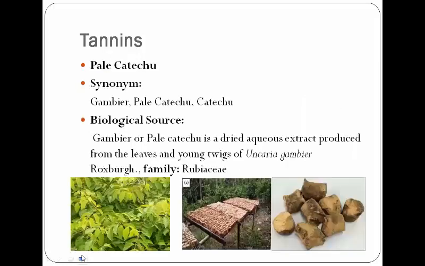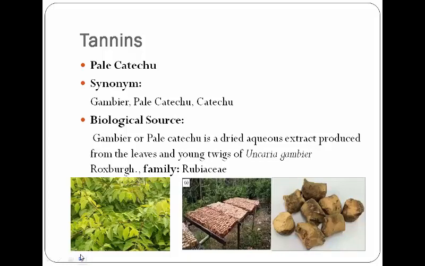The next drug we have is Gambir, which is also called Pale Catechu or Gambier. Gambir is basically the dried aqueous extract that is obtained from the leaves and young twigs of Uncaria gambir, family Rubiaceae.